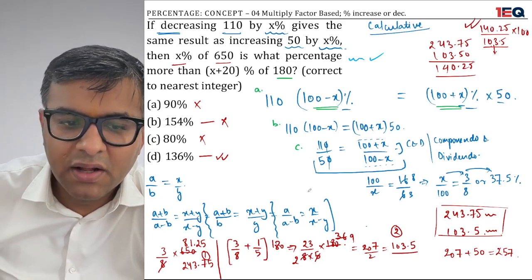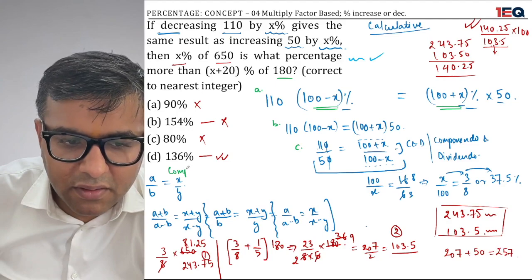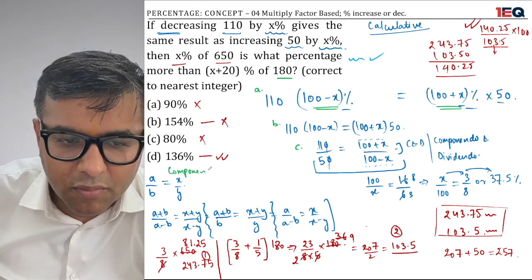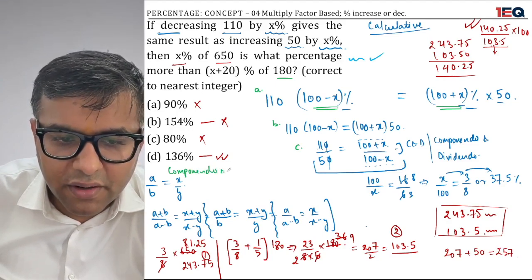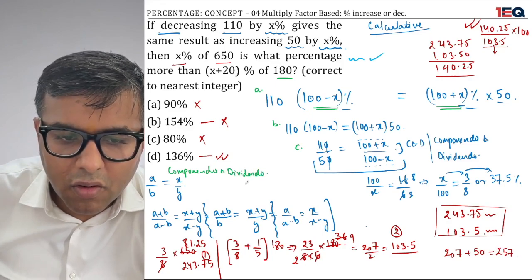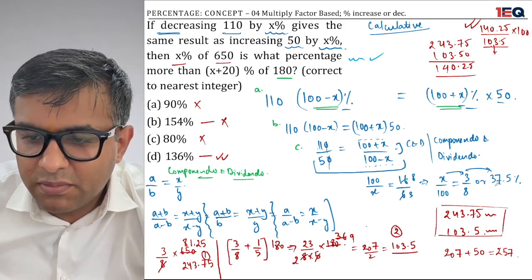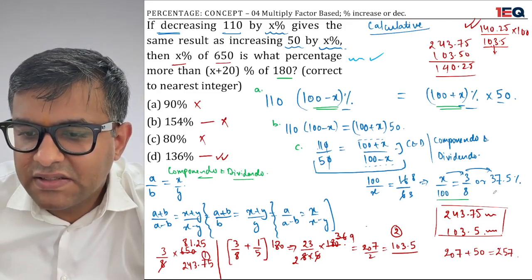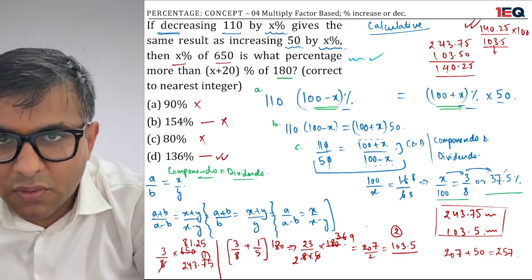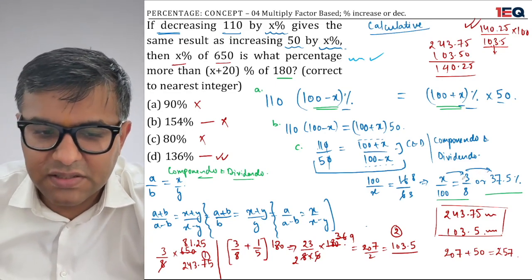I've already explained componendo and dividendo. I use the same thing to achieve the value of x or x%, which is equal to 37.5% or 3 by 8 in fractions.